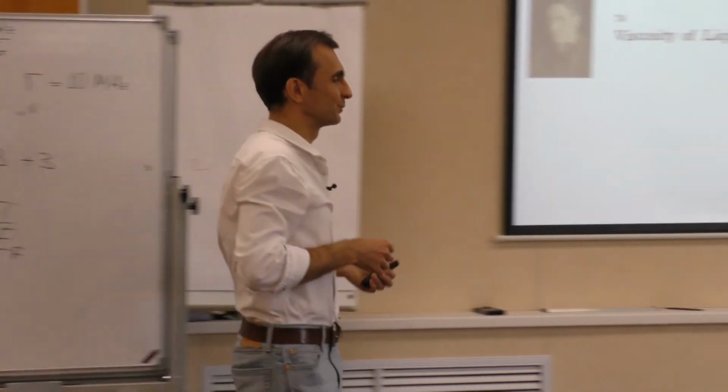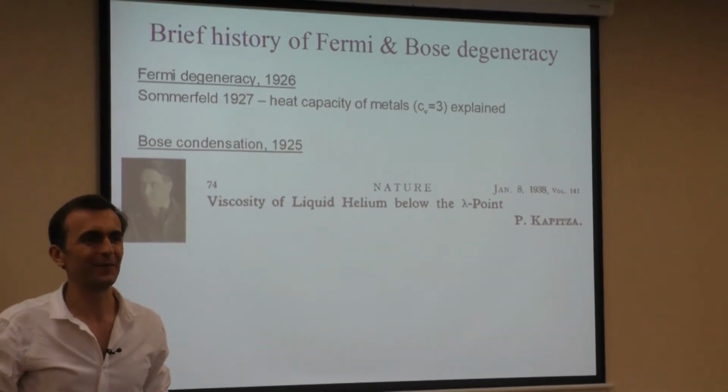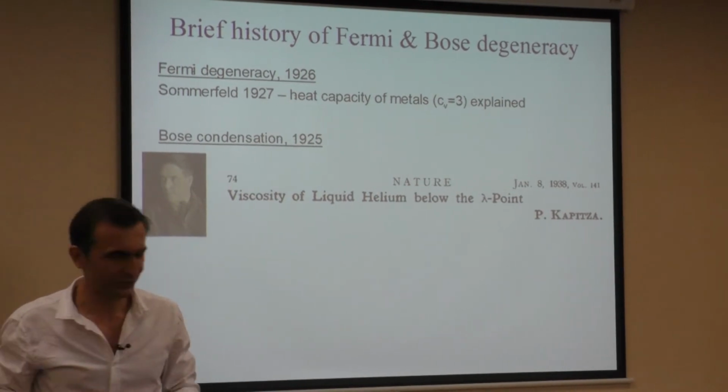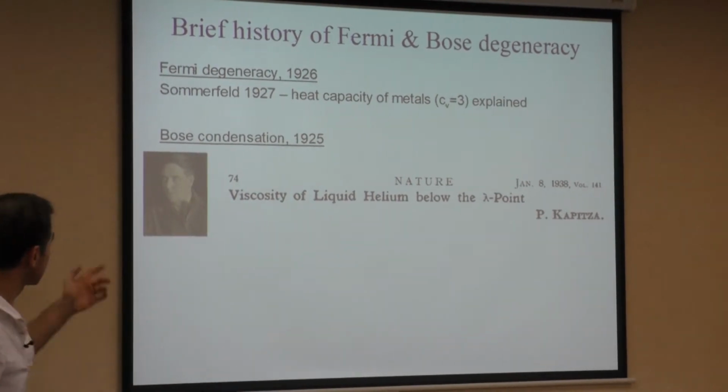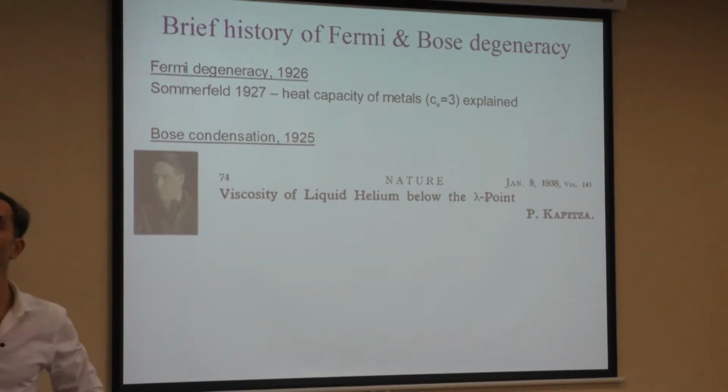Bose gases at the beginning did not seem to be such a popular concept. Einstein published his paper in 1925 about Bose condensation of massive particles. And for quite a long time, there was not even a physical system this concept could be applied to.